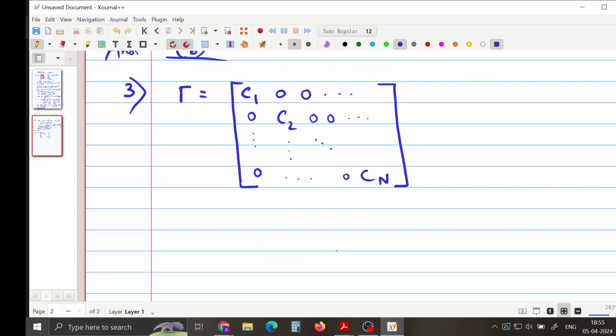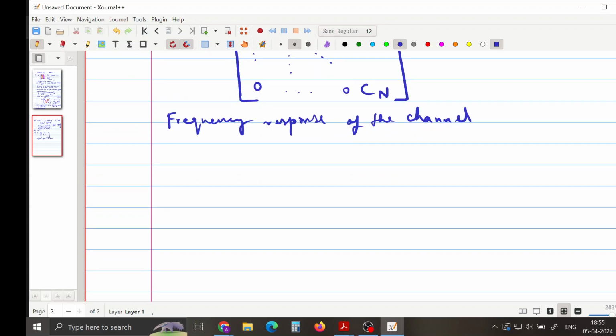And now if you also try to visualize the frequency response of the channel. What does Ci equals 0 mean actually? Each subchannel observes a different channel condition. If I have channel characteristics as follows, that's the frequency response.